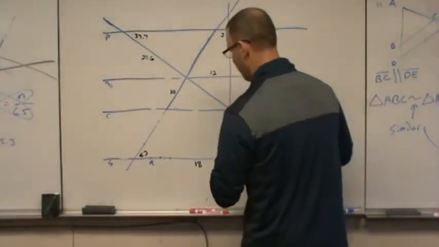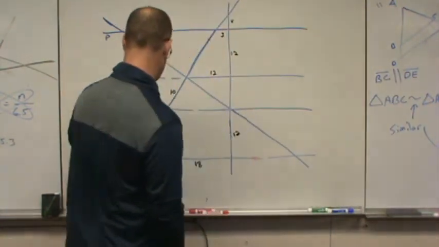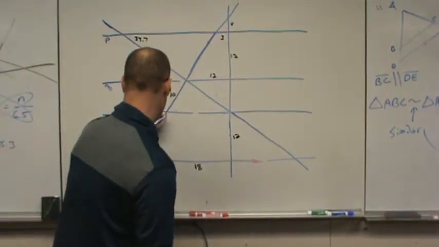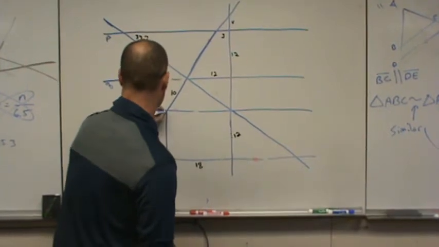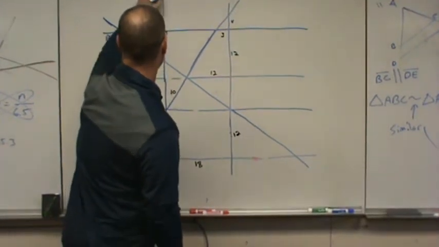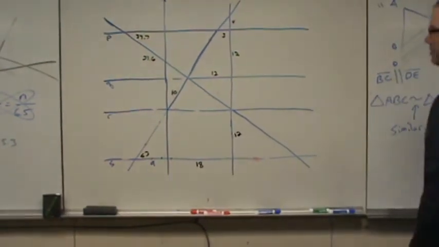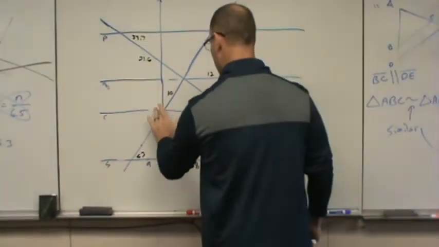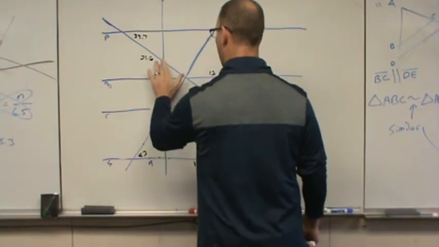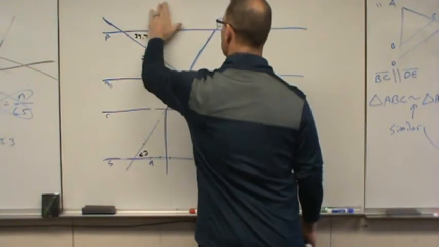All right, and I forgot one line, and that one line, it's important. That one line goes right here. Okay, that's important because actually I think it just goes to right there. Okay, so I drew too much.